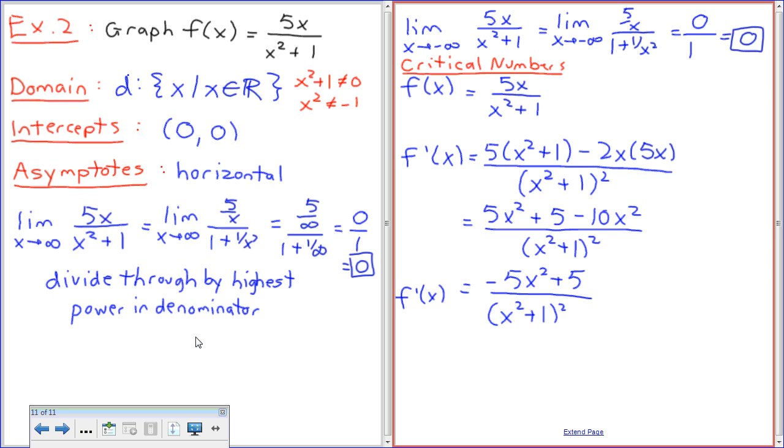Hopefully that's what you got, negative 5x squared plus 5. We can factor that and solve that one. I'm just going to leave that for right now, only because when I take my second derivative, it's easier to use this form. But yes, you definitely can factor. It'll work out beautifully for the roots, okay? Did most people get that far? Austin, cool? Sort of?